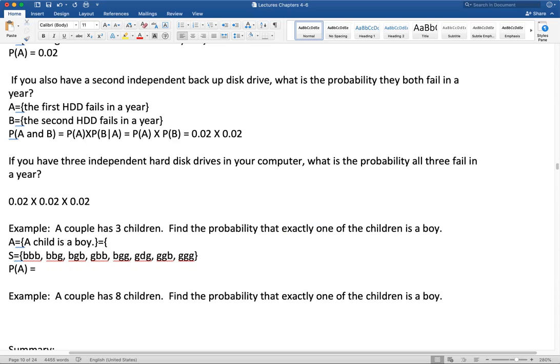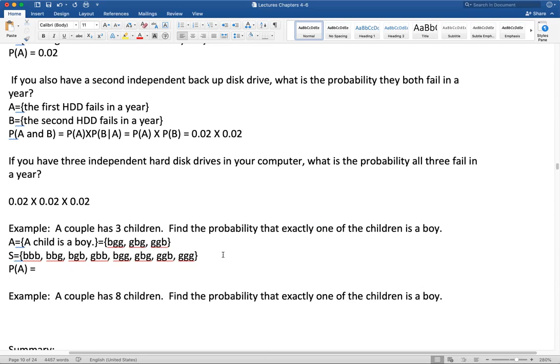So it's going to be BGG, and then GBG, and then GGB, right? So these outcomes have only one boy, right? One boy, two girls.